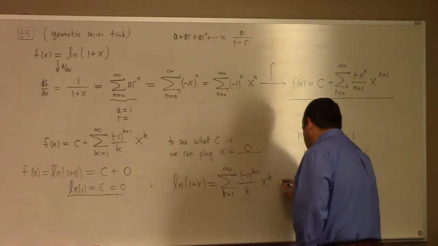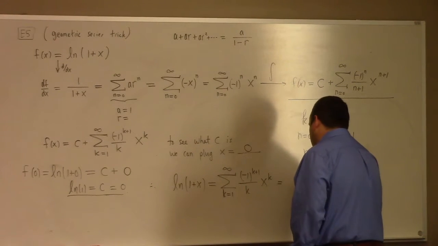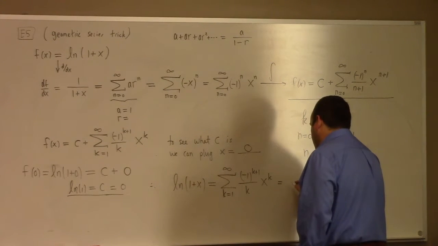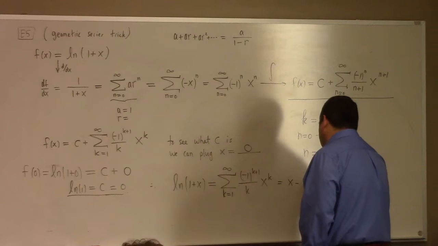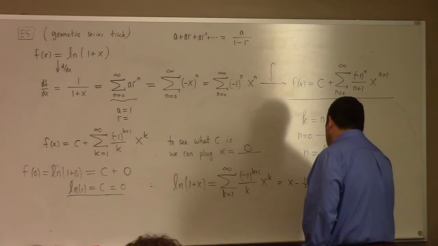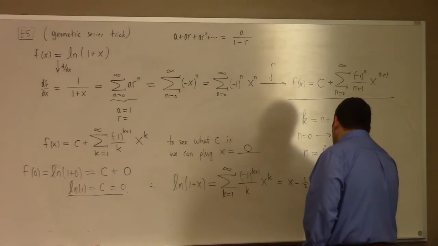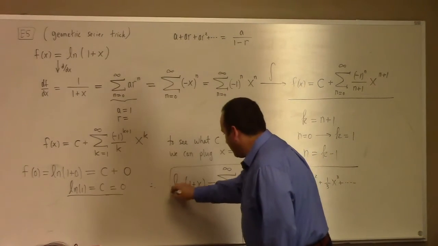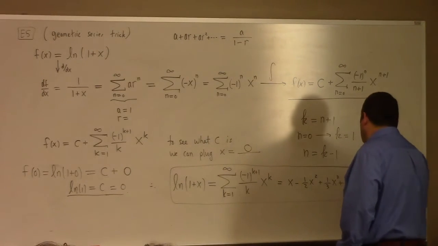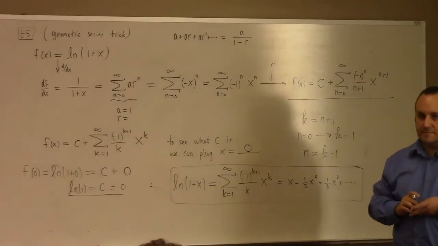If I write out the first few terms here, I've got what? k equals 1 gives me x, k equals 2 gives minus 1 half x squared, plus 1/3 x cubed, plus dot dot dot. There's the power series for the log derived by the geometric series technique.